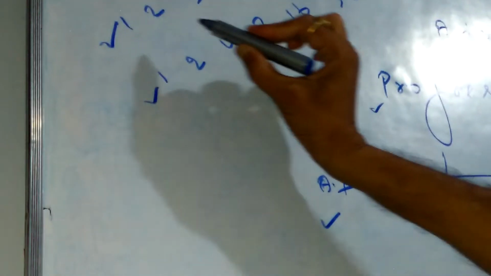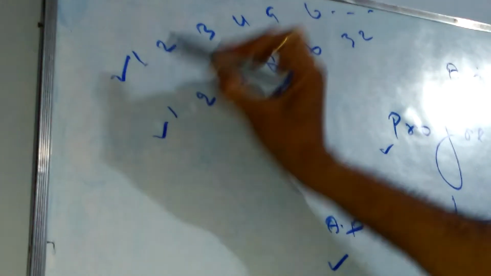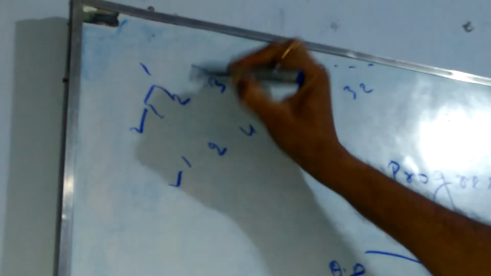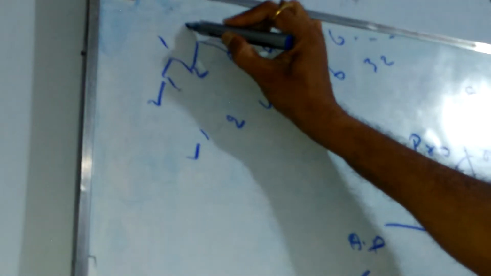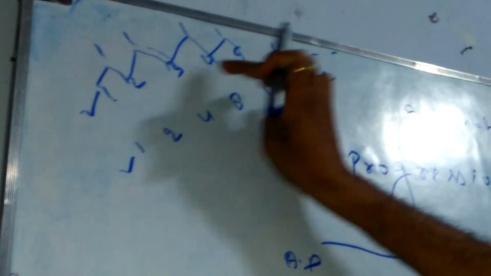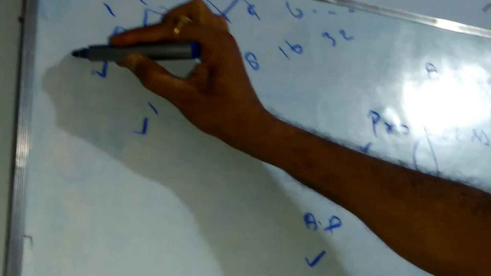What we see in this way: 2 minus 1 equal to 1, 3 minus 2 equal to 1, 4 minus 3 equal to 1, 5 minus 4 equal to 1. In every case, we see that the difference is the same. This is the condition: the difference is the same.